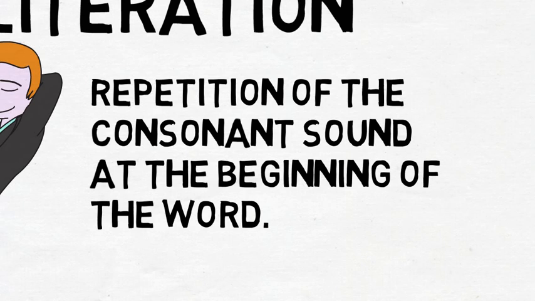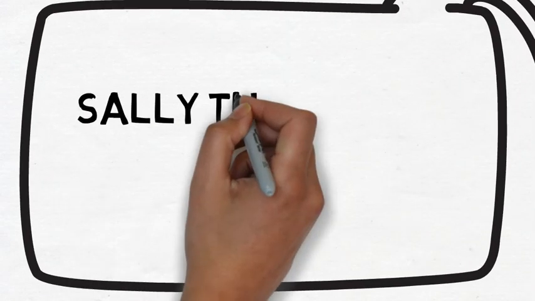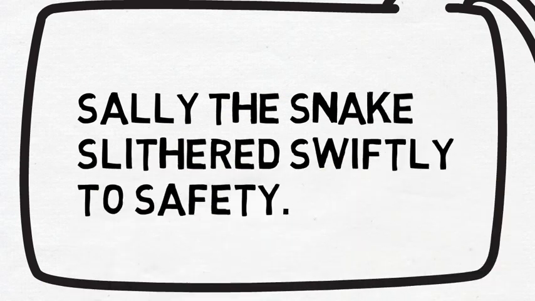Most of the time, alliteration is about how beautiful the words are. It's sometimes used in songs, right? For example, Sally the snake slithered swiftly to safety.